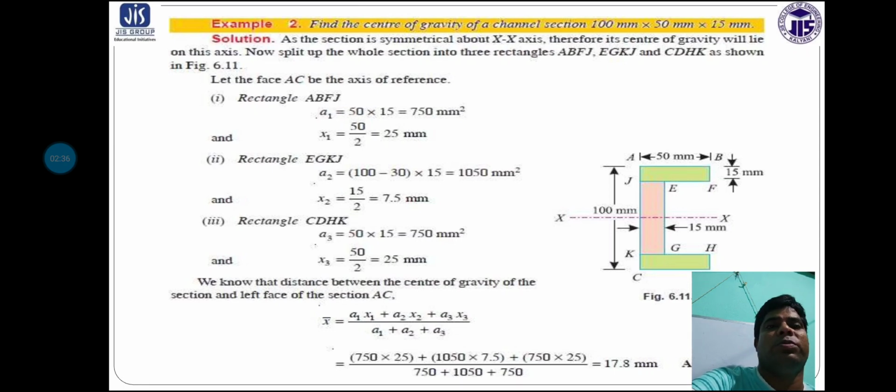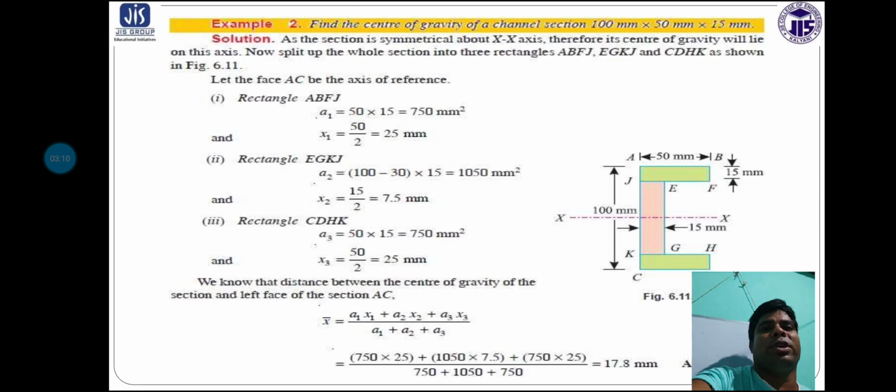Now as the section is symmetrical about the x axis, its center of gravity will lie on the axis. Now split the whole section into three rectangles: rectangle ABFJ, another rectangle EGKJ, and the third one CDHK, as shown in the figure.